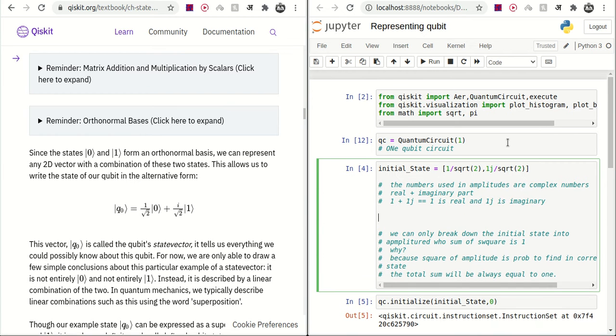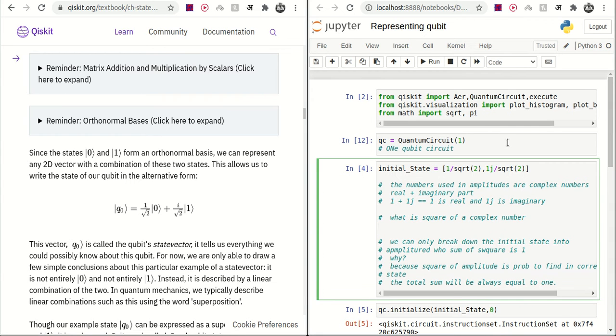So what is the square of a complex number? It's the product of the number with its complex conjugate.